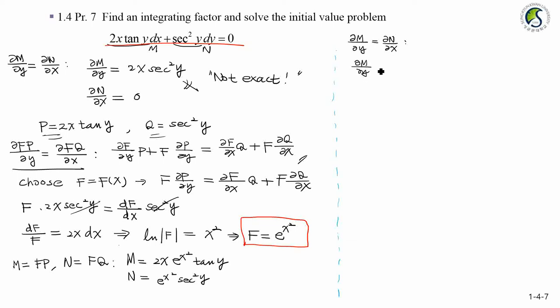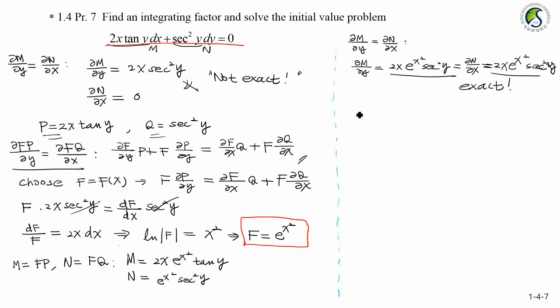So dM over dy is 2x e to the x squared secant squared y, and dN over dx is 2 times x e to the x squared secant squared y. Sorry for the mess here. Since they are the same, it is exact now.